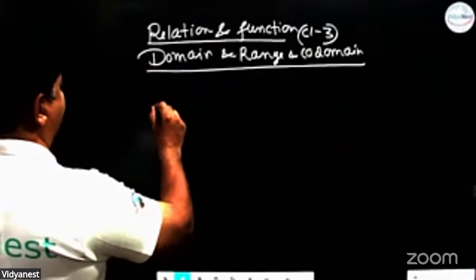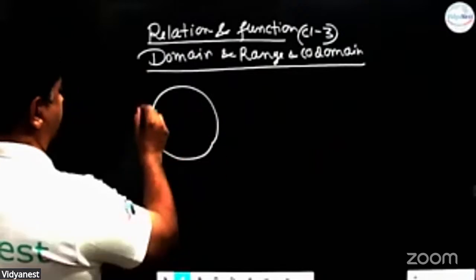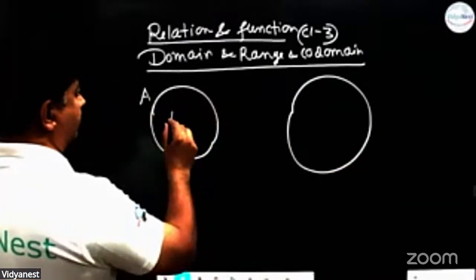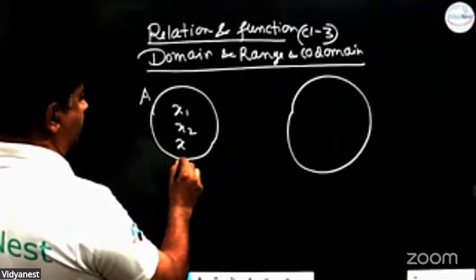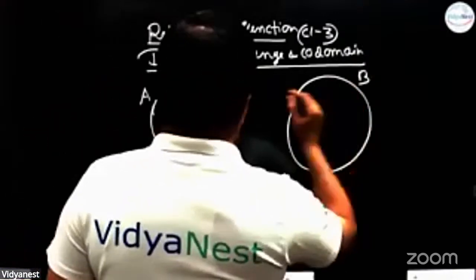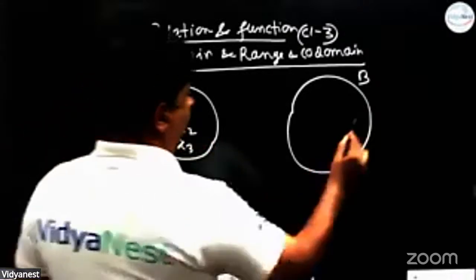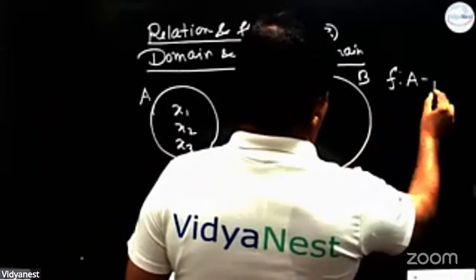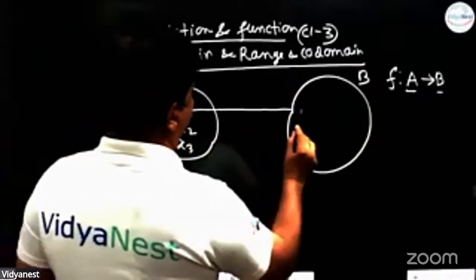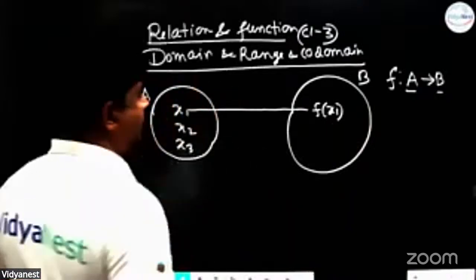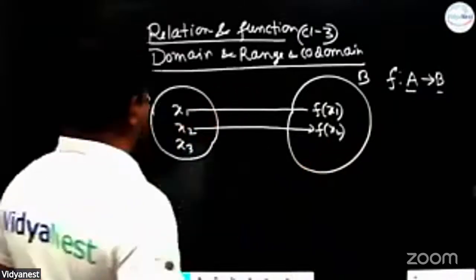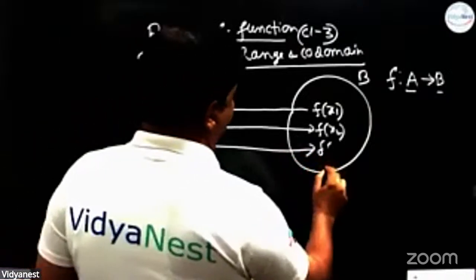See, suppose there is a set A and a set B. Set B contains 3 elements, and set A contains 3 elements, and the function maps from A to B. So x1 will have image f(x1) in B, x2 will have image f(x2) in B, x3 will have image f(x3) in B.